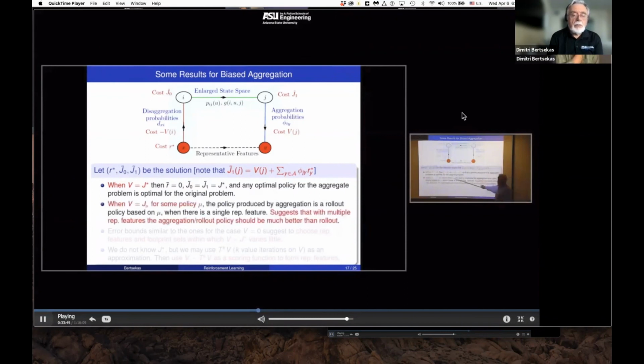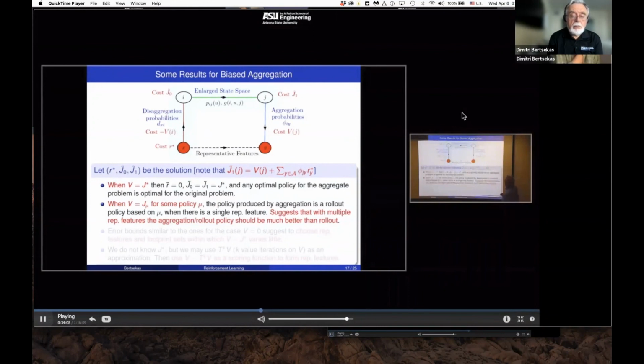Suppose you have some policy and you choose V to be the cost function of that policy. Then you can apply this aggregation framework, and you get something that looks like a rollout. In fact, if you have a single representative feature that maps to all the states, it's exactly the rollout algorithm.